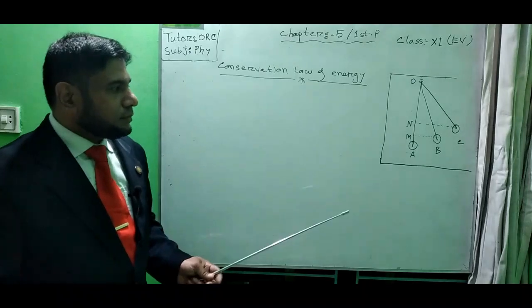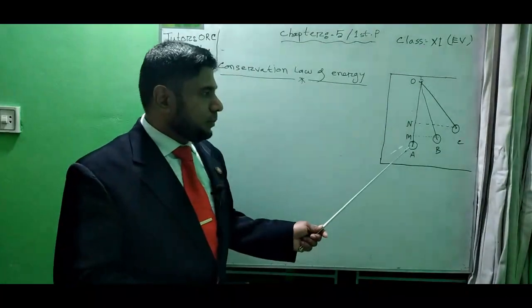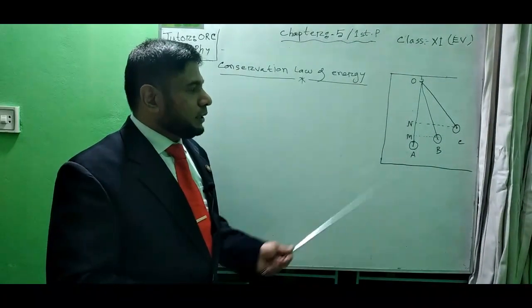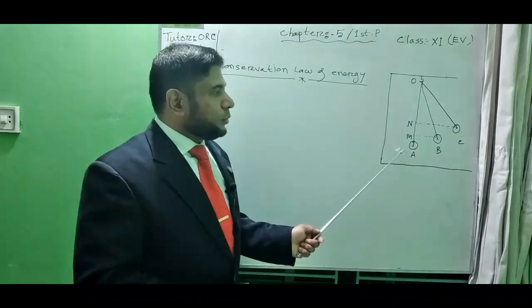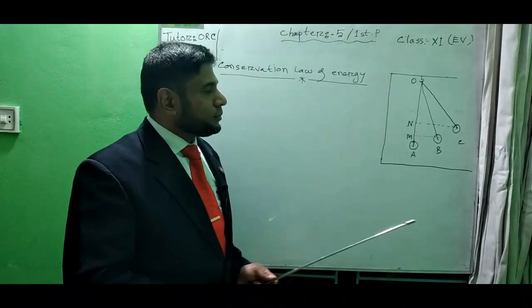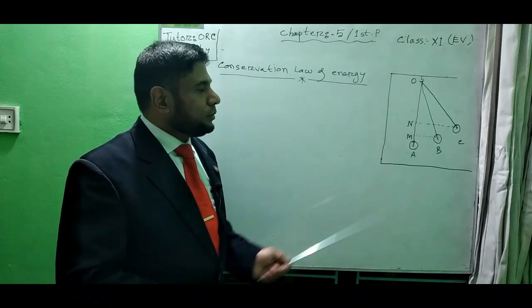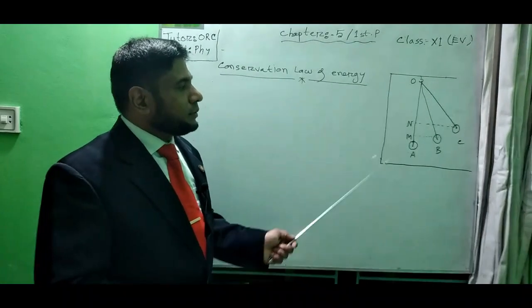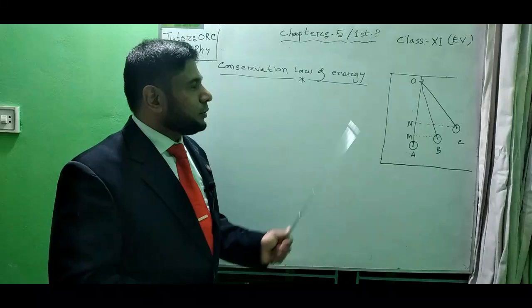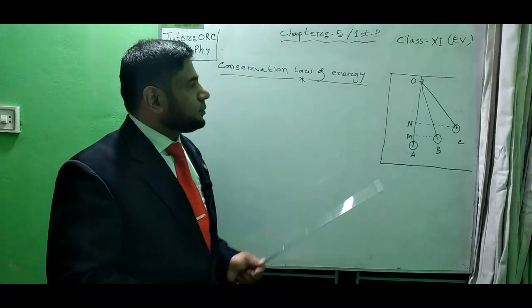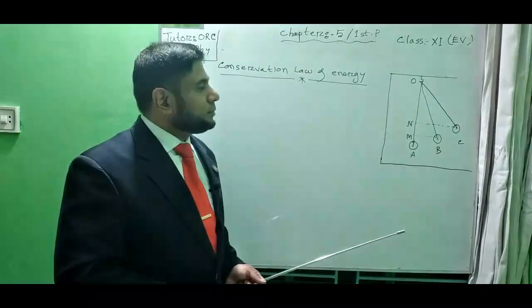Suppose here is a simple pendulum with a bob, and it is oscillating in the front and back direction. In the oscillating position, we will take the information to solve the conservation law of energy.